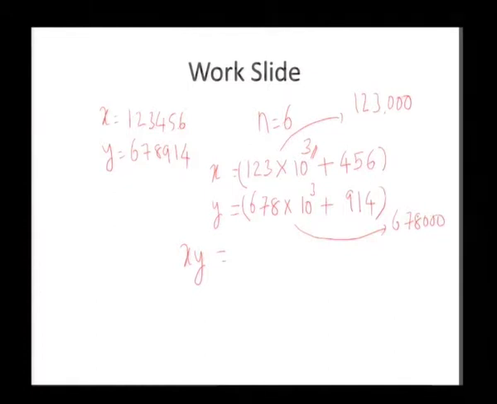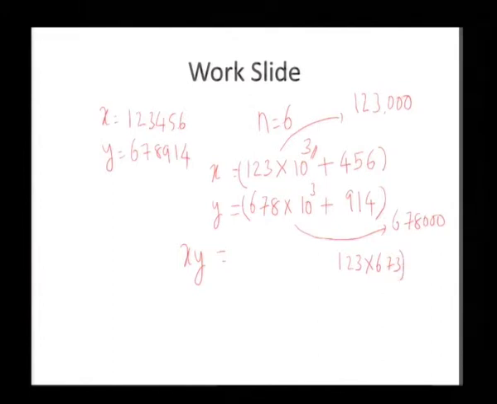If one wants to compute the product of 123,000 and 678,000, then one only needs to evaluate 123 multiplied by 678. Once we have computed this number, we pad it with 6 zeros.